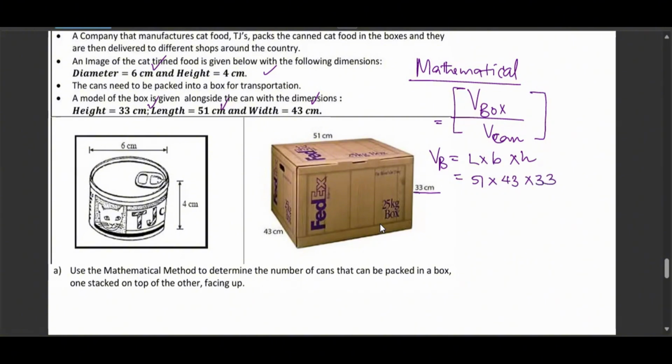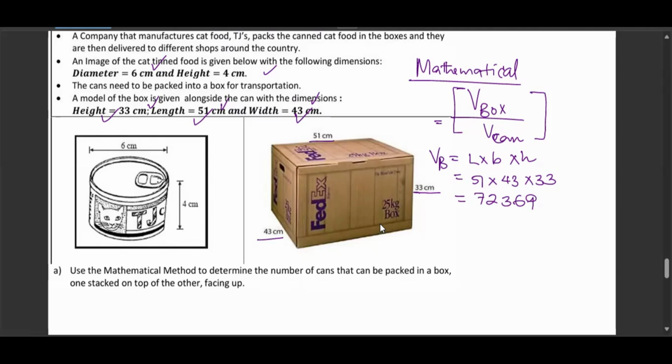Height of 33, yes. Length of 51, yes. And breadth or width of 54. So this becomes 51 times 43 times 33. So here the volume is what?